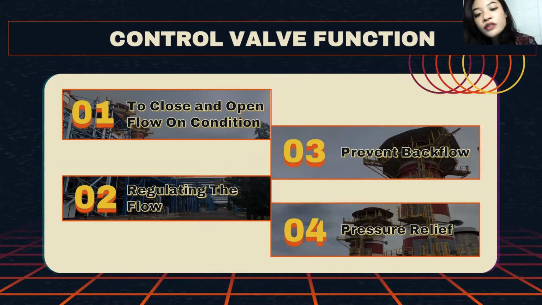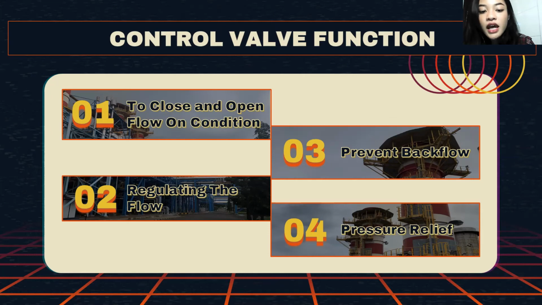Number 1, to close and open flow on condition. When it is open, it has minimum flow resistance and pressure loss. Number 2, for the purpose of regulating the flow. By holding the flow with a change in direction using an obstacle, it can also be a combination of both.